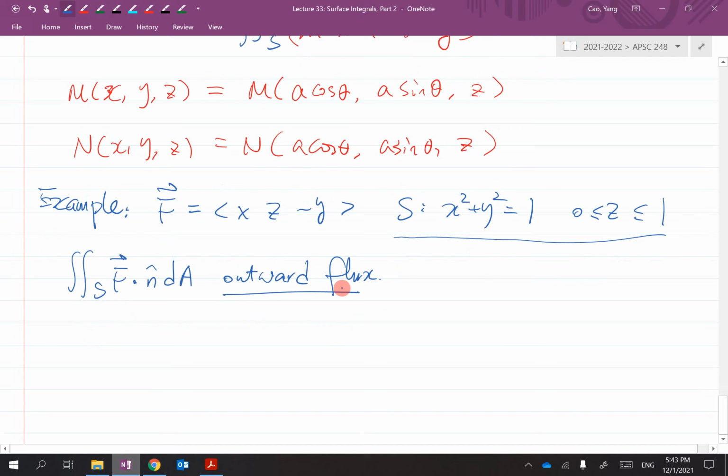If you sketch this cylindrical surface, because it says x squared plus y squared equals 1, you have a unit circle, and z is between 0 and 1, so it's a cylinder sitting on the xy plane with the top at z equals 1. So we're looking for the flux outward of this cylindrical surface here.